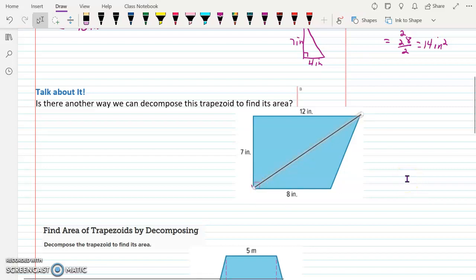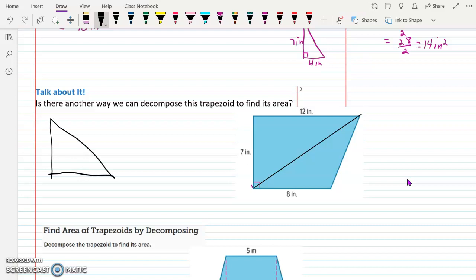And when I do that, I see that I have a triangle with a height of 7 inches and a base of 12 inches. That would be this triangle.